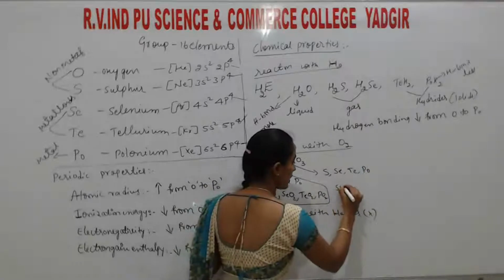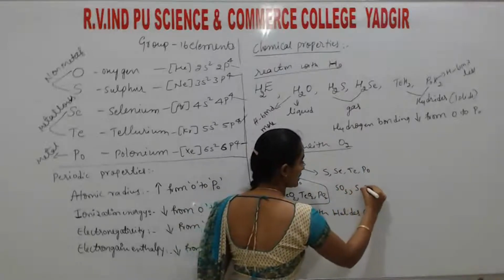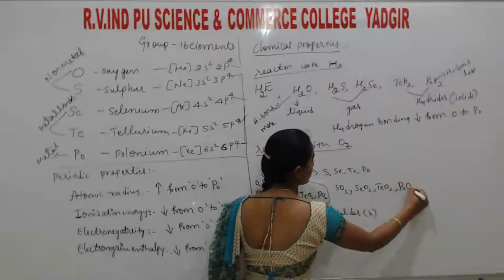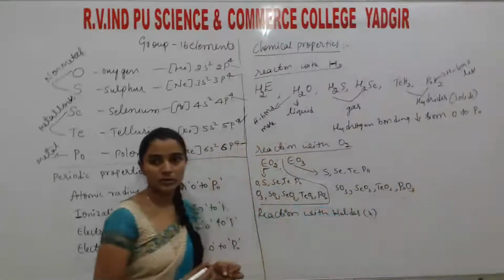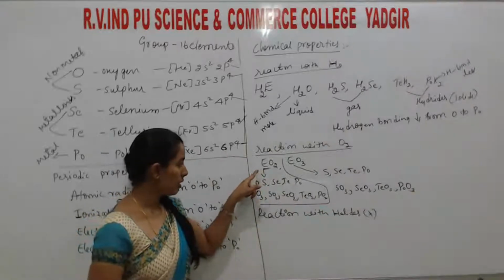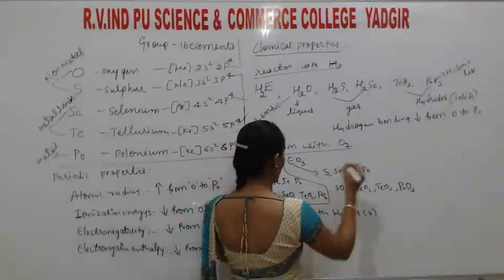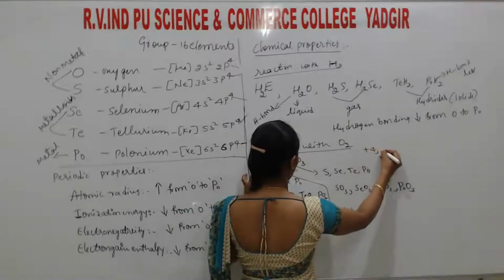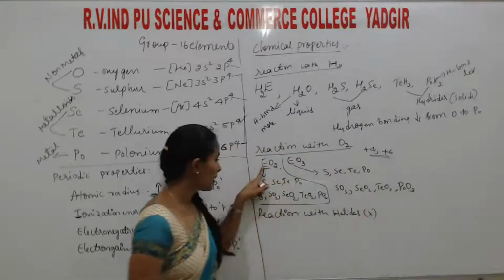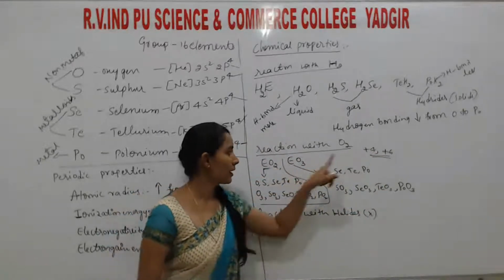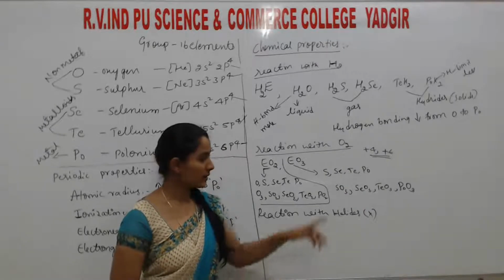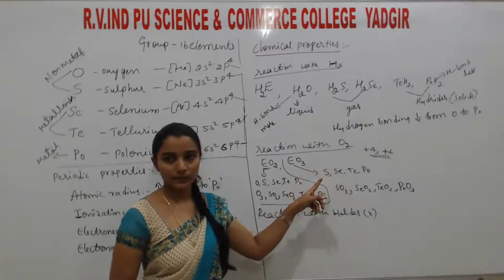So it is SO3, SeO3, TeO3, and PoO3 type compounds. These oxides are in +4 as well as +6 oxidation states. Here they are in +4, here they are in +6 oxidation state.